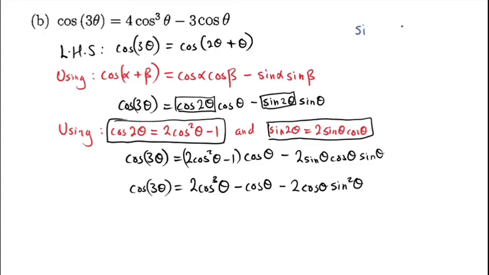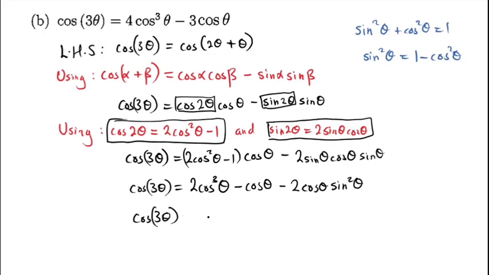So if I make sine squared the subject, sine squared is equal to 1 minus cos squared. So if that's the case, then cos 3 theta is equal to 2 cos cubed theta minus cos theta minus 2 cos theta, and I'll replace the sine squared with 1 minus cos squared.